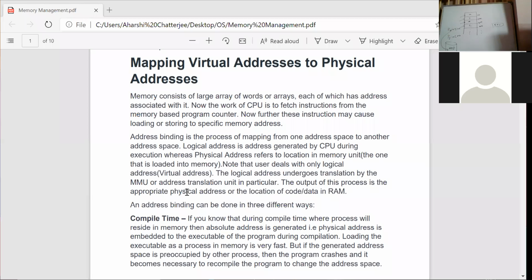Now there is a term known as address binding. What is address binding? Let us try to find out what is address binding.